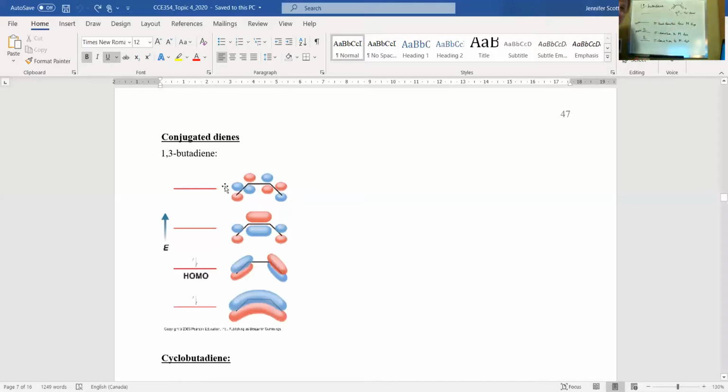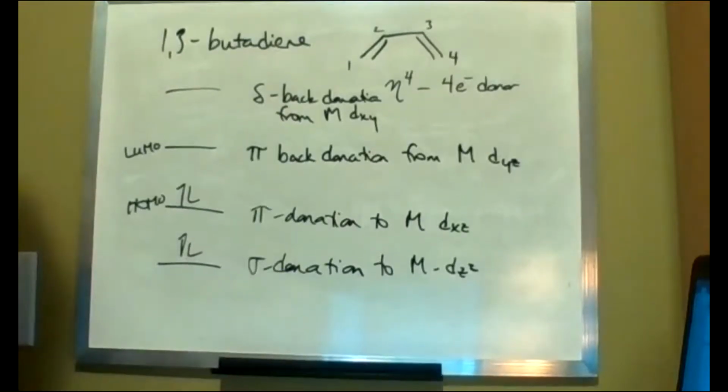That's going to be delta back donation. I can write that one down too. Delta back donation from metal dxy.